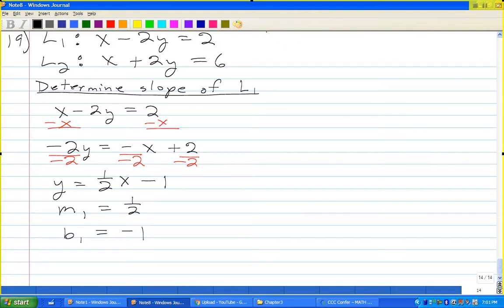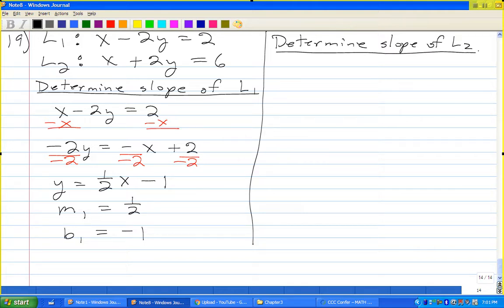Let's actually do it here. Let's determine the slope of line L2. So I have here x plus 2y equals 6. Subtract x from both sides of the equation.